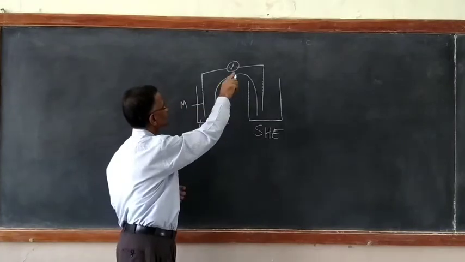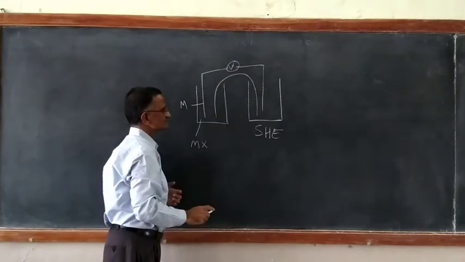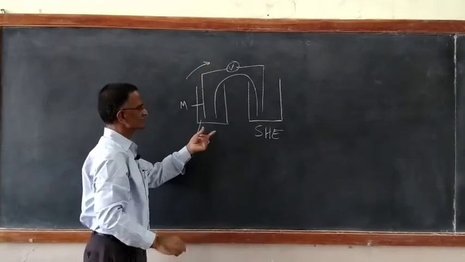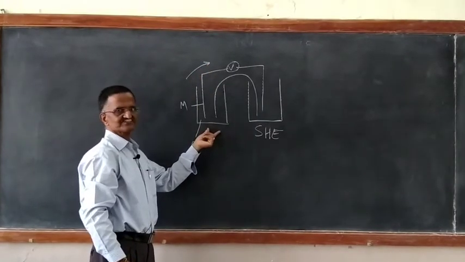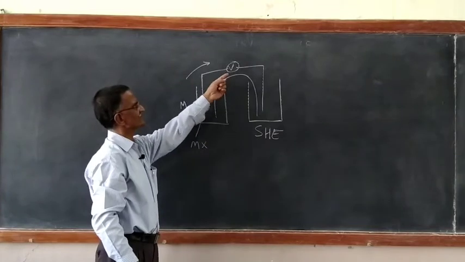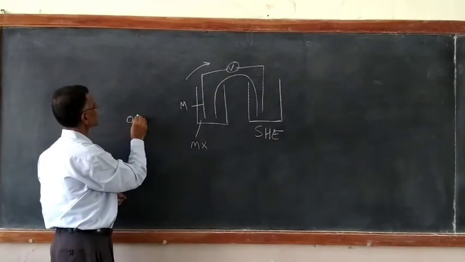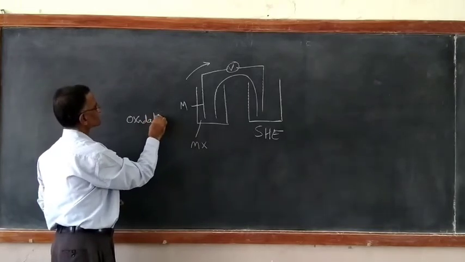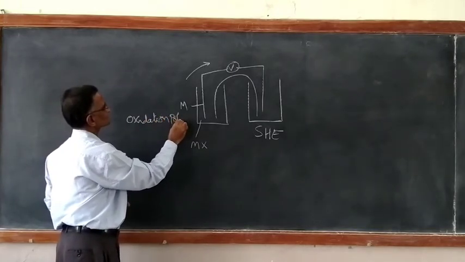If the direction of deflection and the voltage says, right, it is from metal electrons are going, that means here oxidation is taking place. That value which I have, I say it is because of oxidation taking place, then I say this is oxidation potential.